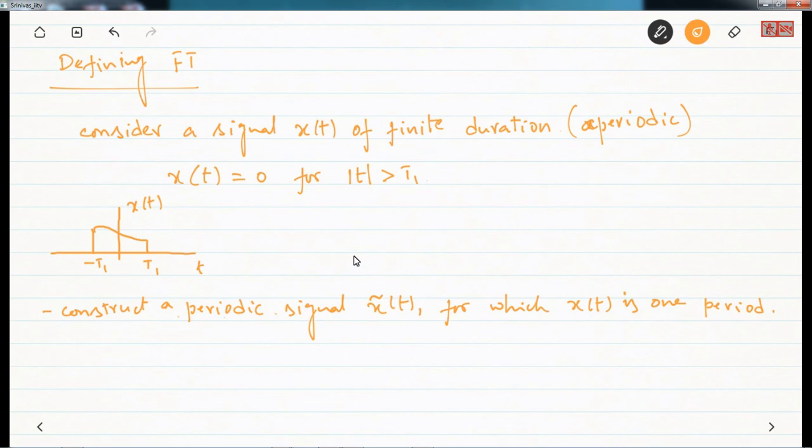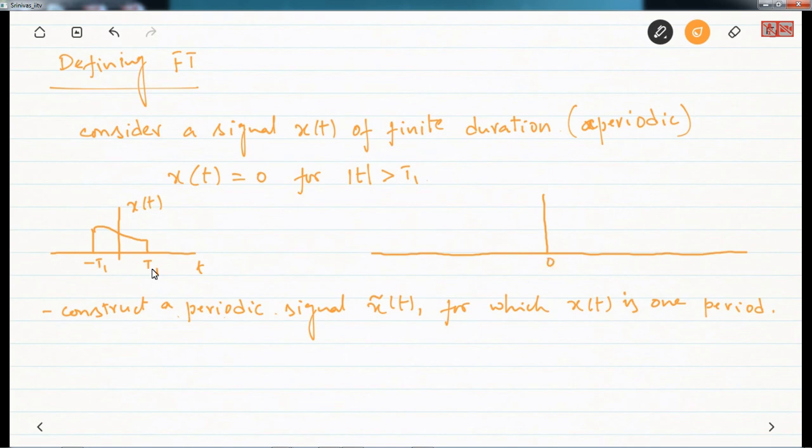What I mean to say is that x of t is 0 everywhere else. It is non-zero only from minus t1 to plus t1. So from this, construct a periodic signal x tilde of t.